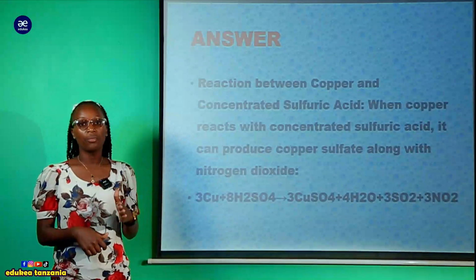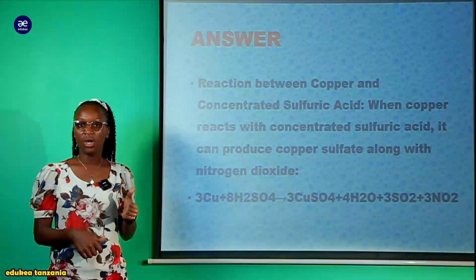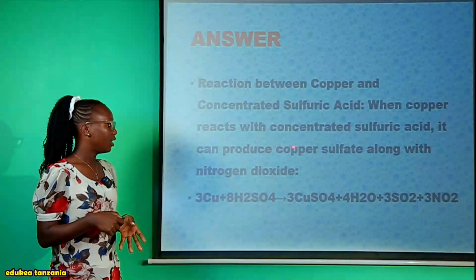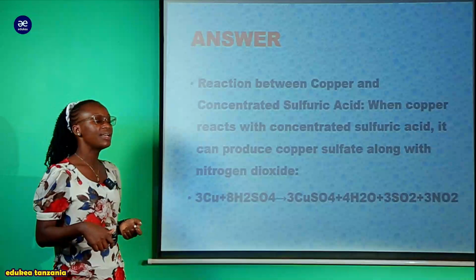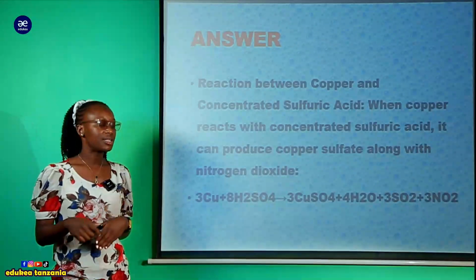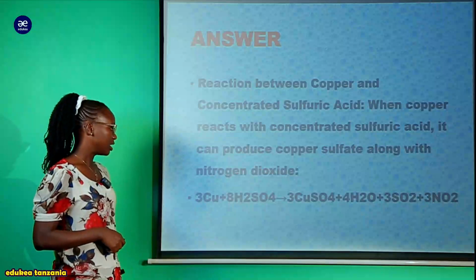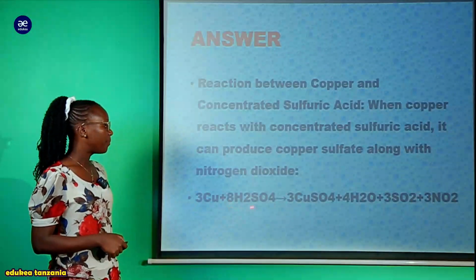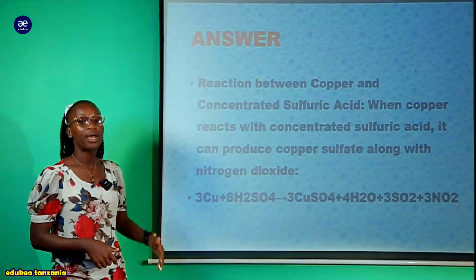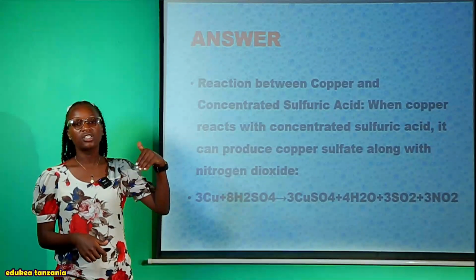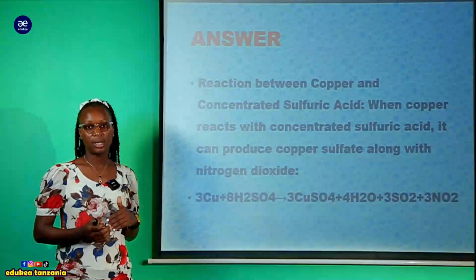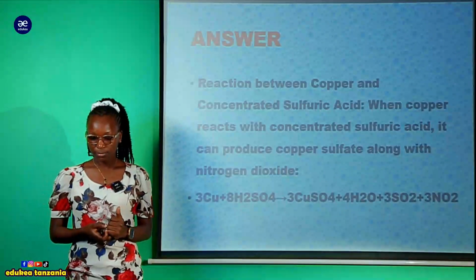So the brown fumes, remember we are talking about nitrogen dioxide. As you see here, this is copper plus sulfuric acid, we are going to have this product. It is a reaction that continues from the decomposition of the metal nitrate that we saw at the beginning.